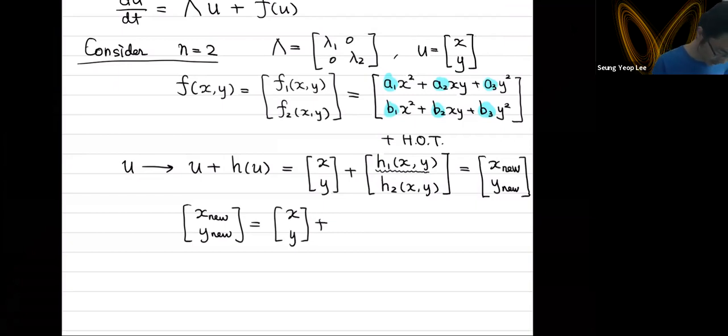Okay, so I will Taylor expand h1. So you have x times h1 evaluated at 0, 0, and y times h1 evaluated at 0, 0, and the higher order.